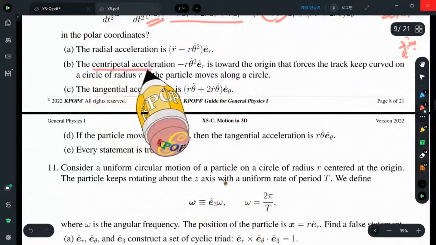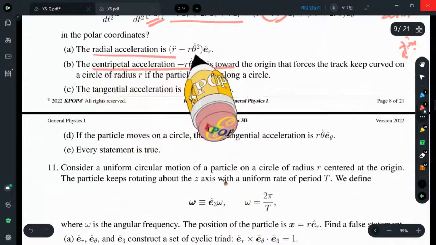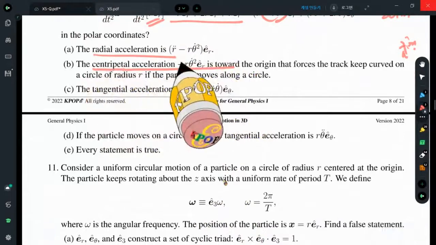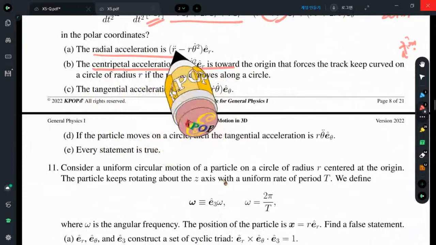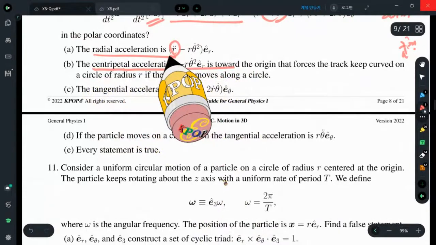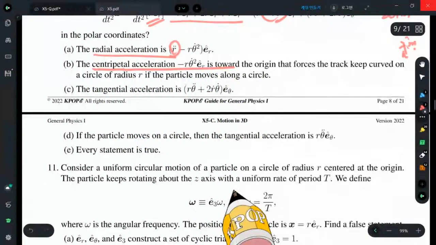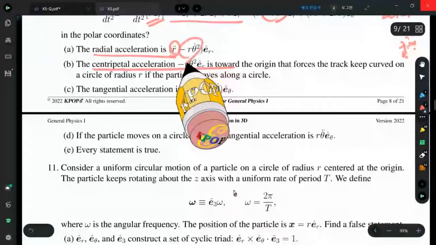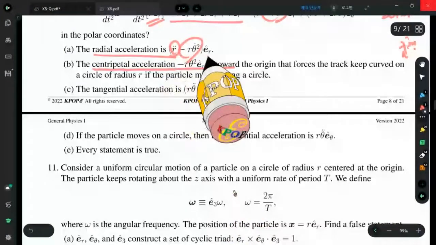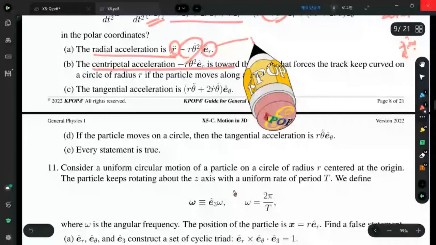Tangential, centripetal, radial acceleration. This is radial acceleration, and this is centripetal. This is all radial.